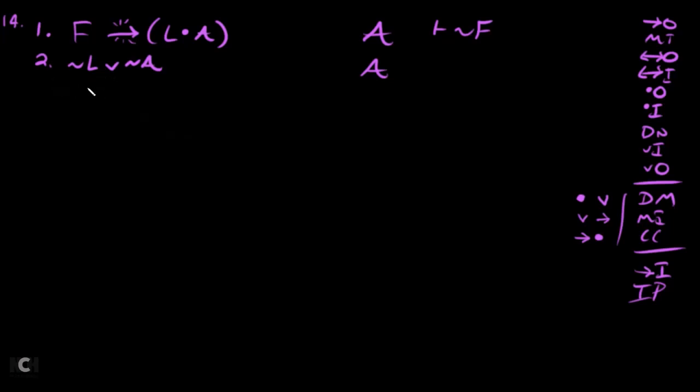What happens when we do De Morgan's law on line 2? Let's just test drive it. We take the letters down because I see there's a dot and a wedge, and De Morgan's law is where you switch from a dot to a wedge. It's got the same letters. We got L and A, L and A. Bring the L and A down, switch the symbol from a wedge to a dot, and then the way De Morgan's law works is you switch all the negation slots.